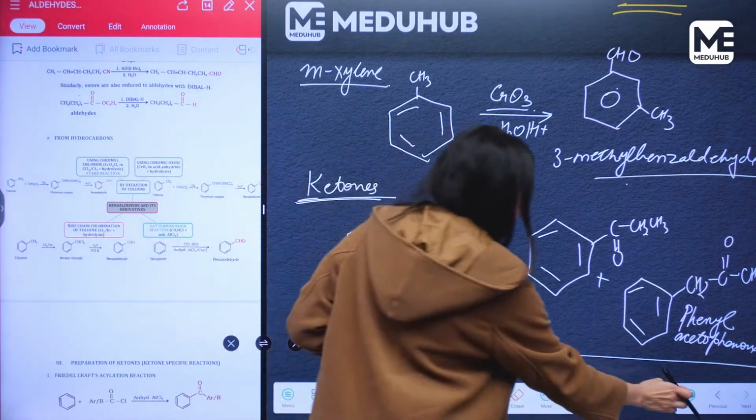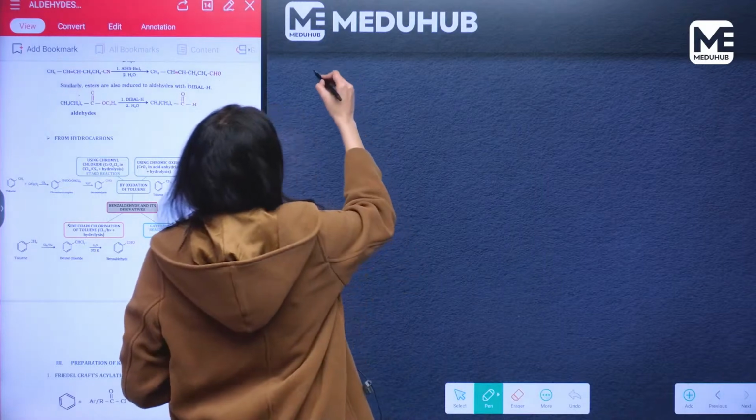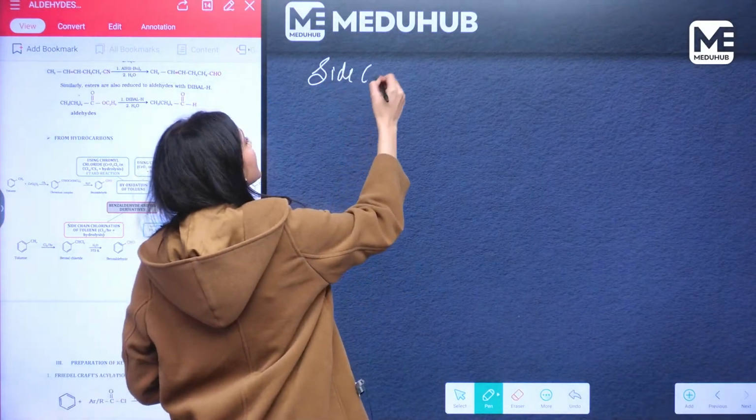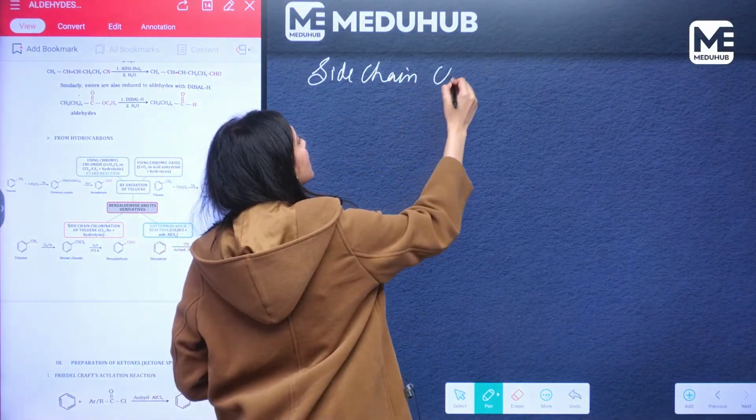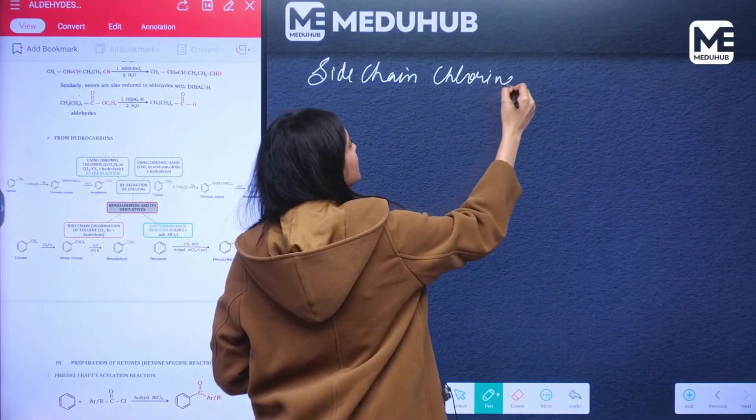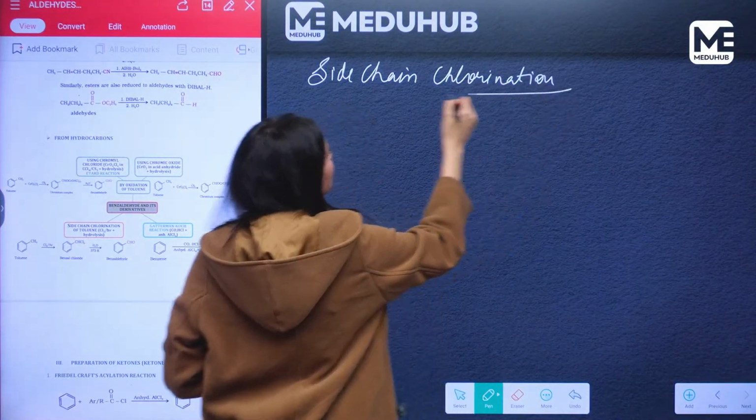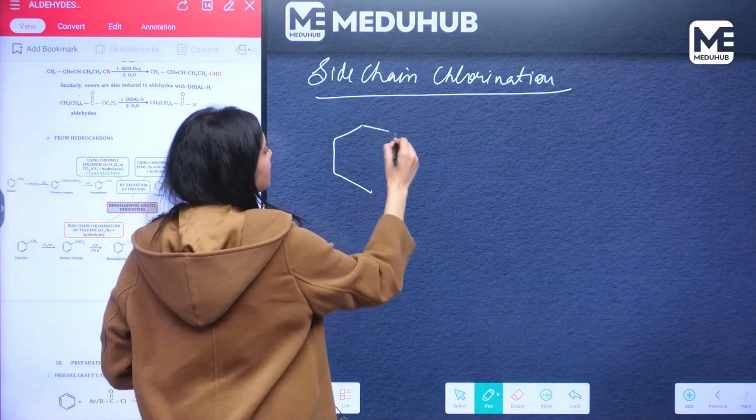toluene. So here, side chain chlorination. We have toluene.